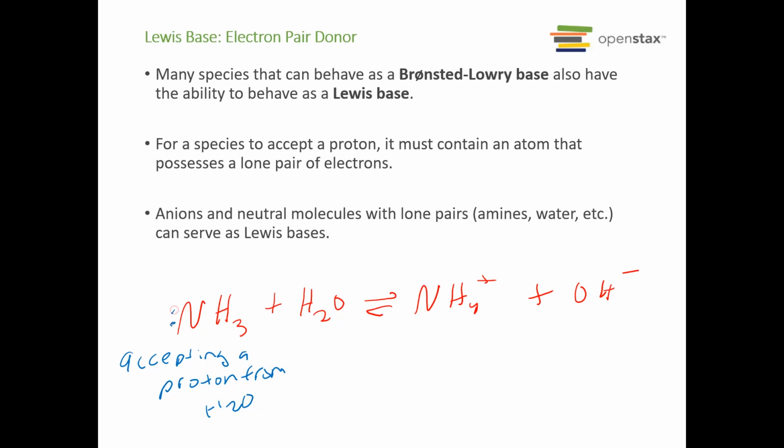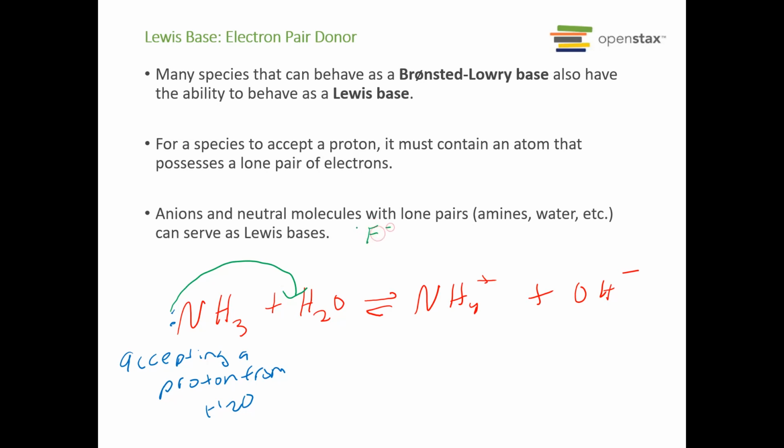But ammonia also has a lone pair of electrons, which it can donate to water, which would make it a Lewis base. So a lot of species, if they are a Bronsted-Lowry base, will also be a Lewis base. Sometimes we can have things that would not necessarily be a Bronsted-Lowry base, but can be a Lewis base.